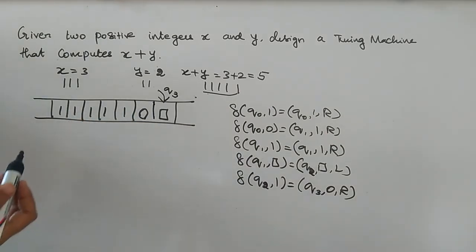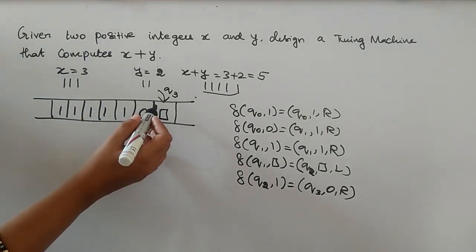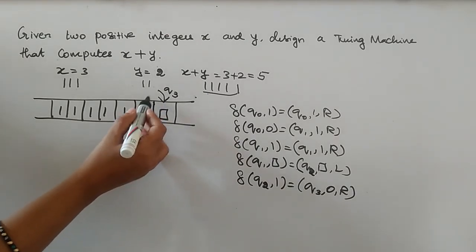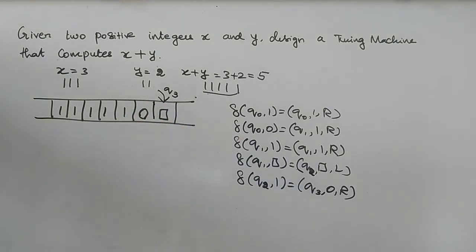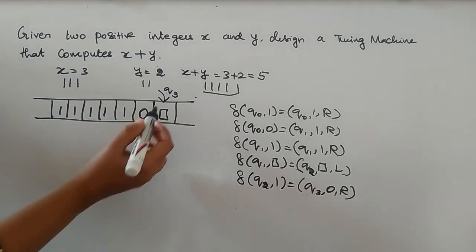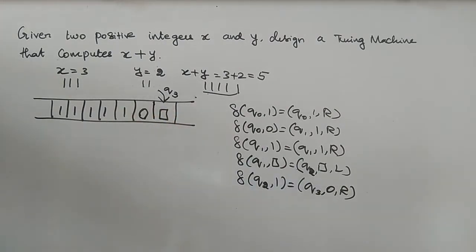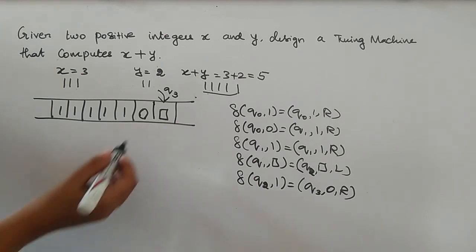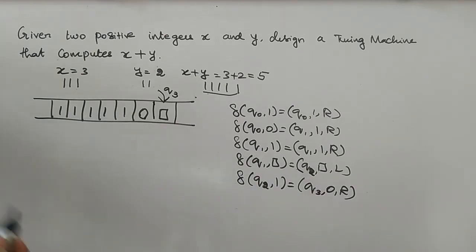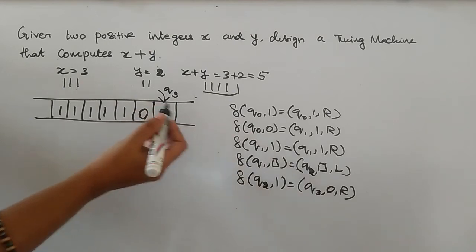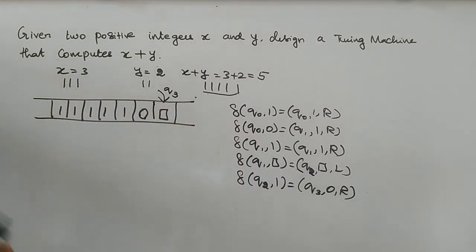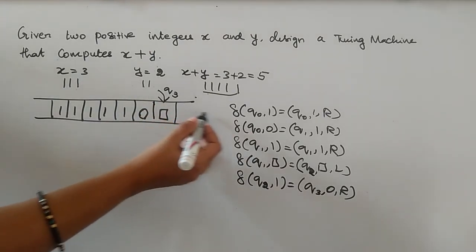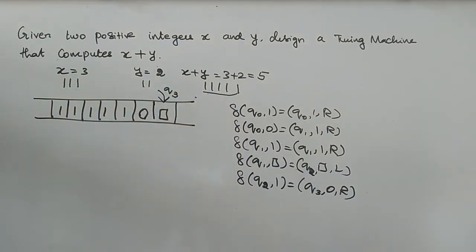I should stop the iteration. So if the machine is in the state Q3 and it is pointing to the blank, we can simply move the pointer towards the right so as to check whether there are any other bits present in the further cells or not.